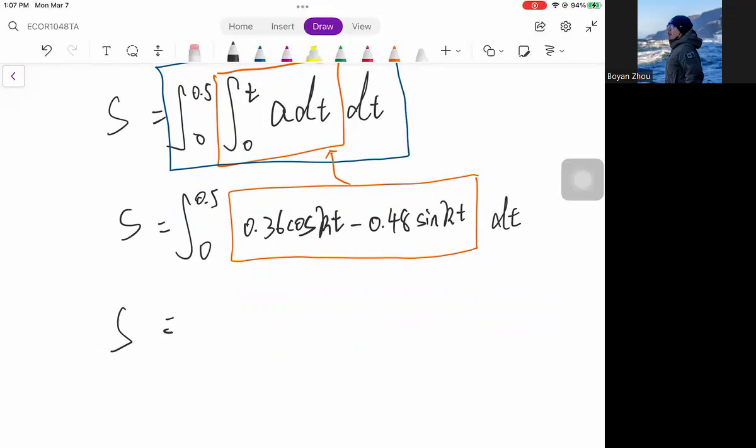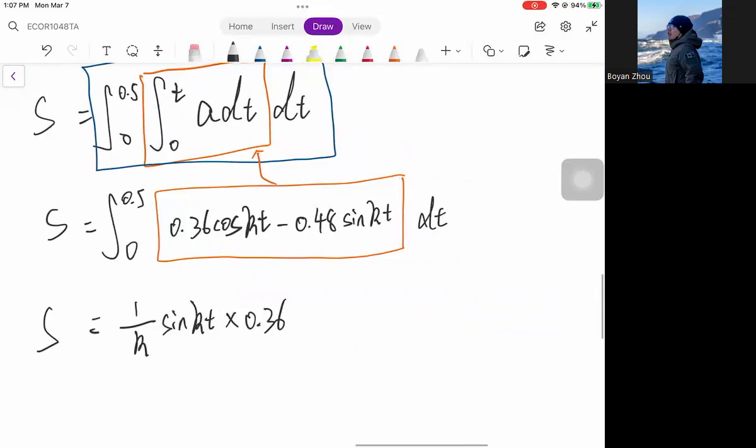And the integration of cosine kt is going to be 1 over k times sine kt, times 0.36. And the integration of negative sine kt is going to be 1 over k times cosine kt.